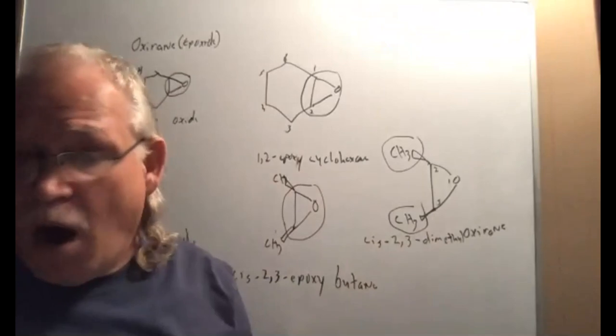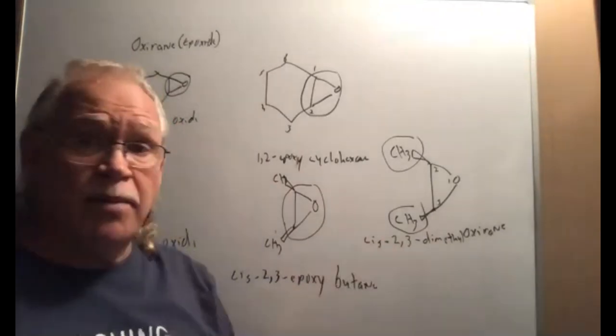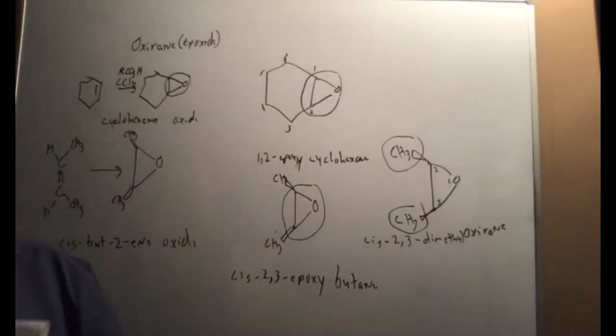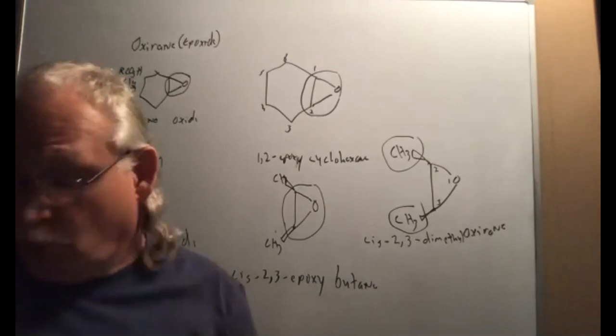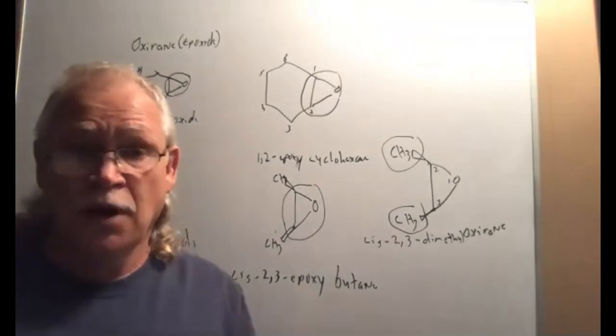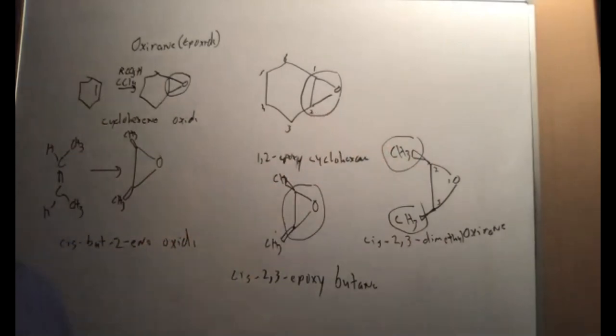Now, you need to know all 3 of them. If I asked you to name a compound that's a 3-membered ring on the test, you can name it any of the three ways. But if I give you the name, I could give you the name in any of the three ways. So you need to know how to name three-membered rings by all three of these methods.